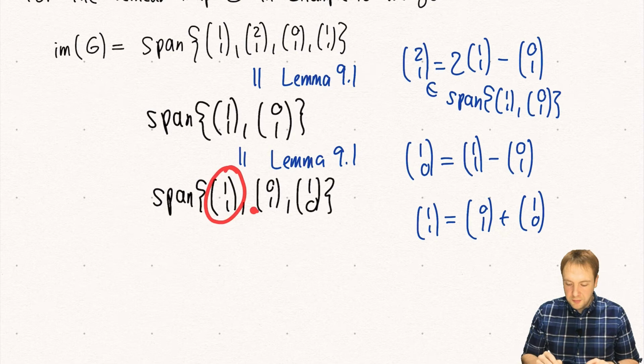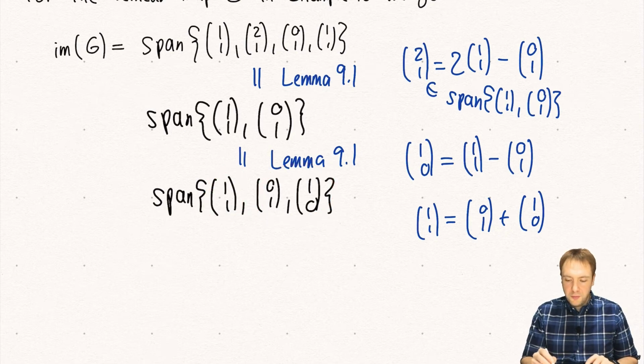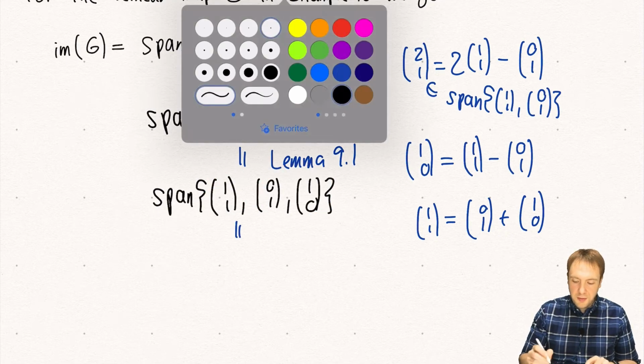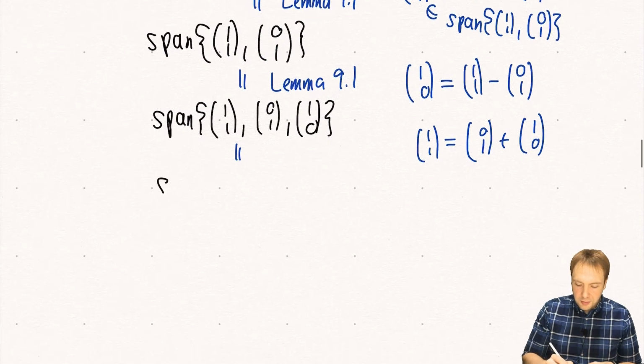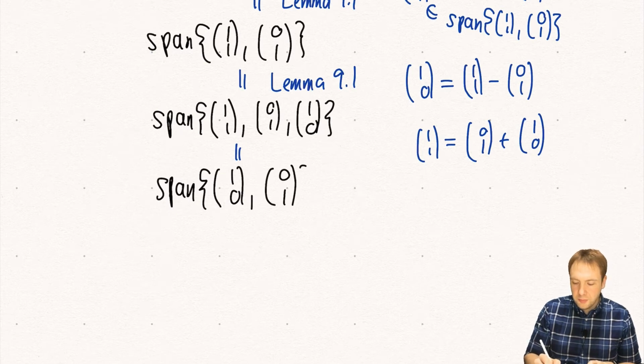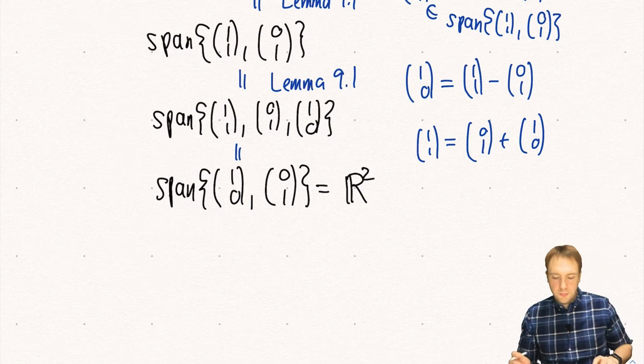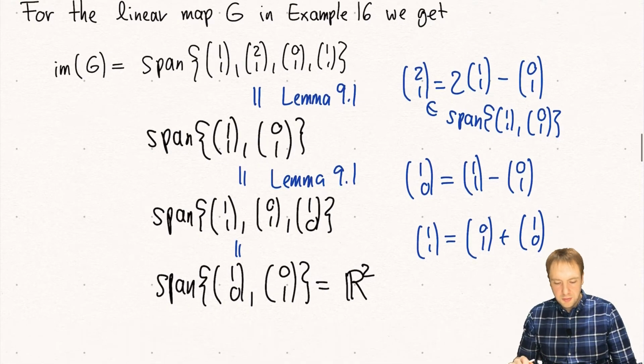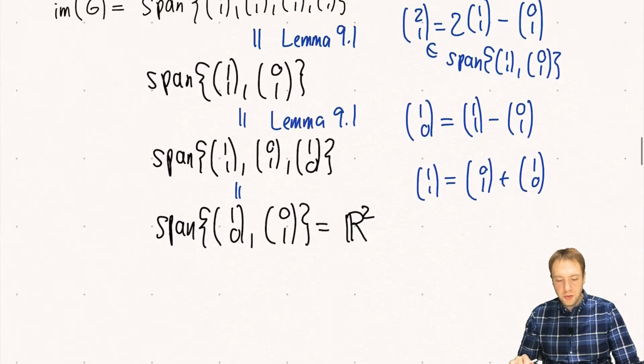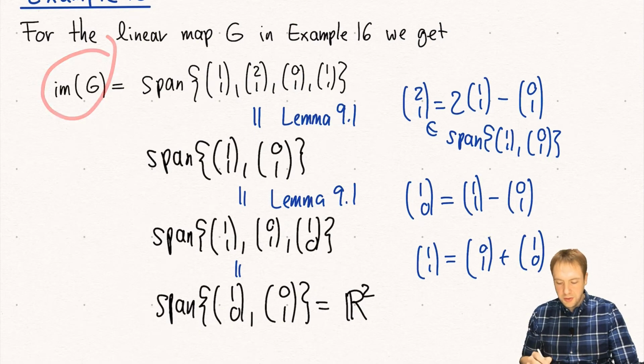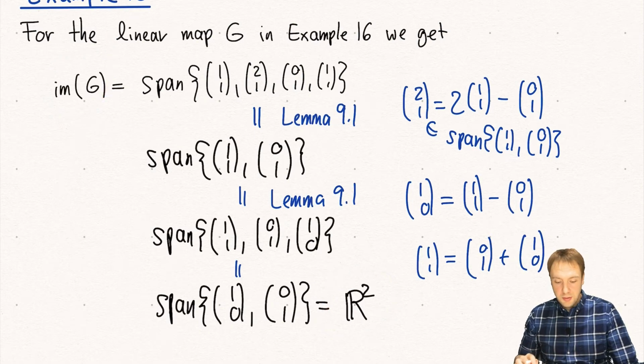So this here is in the span of these two, so therefore we could also leave it out, and in the end we get exactly what we want, that this is just the span of these two vectors, which is just R2. So this is somehow another way to show that the image of G is just R2.